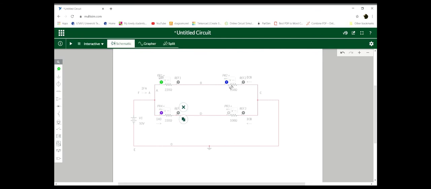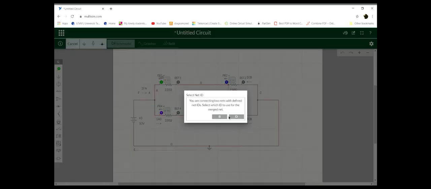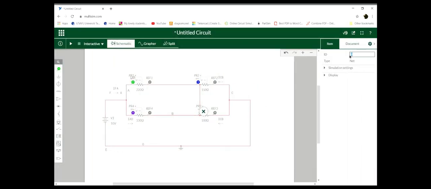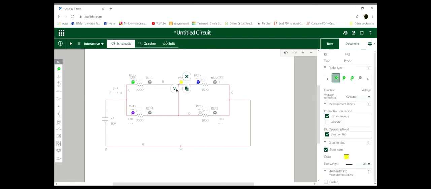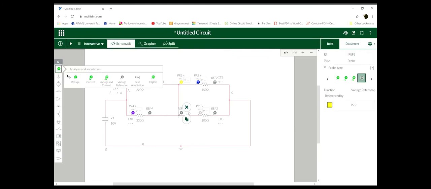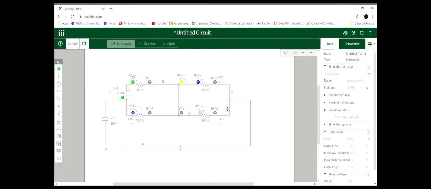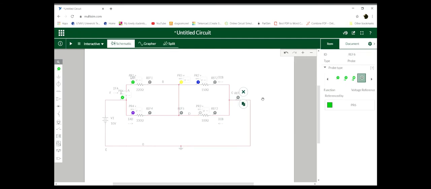To measure VBD, we have to make another connection between B and D. And we change the label and put VB, and lastly VAC. Lastly, we click Start Simulation and the value of voltage will appear.